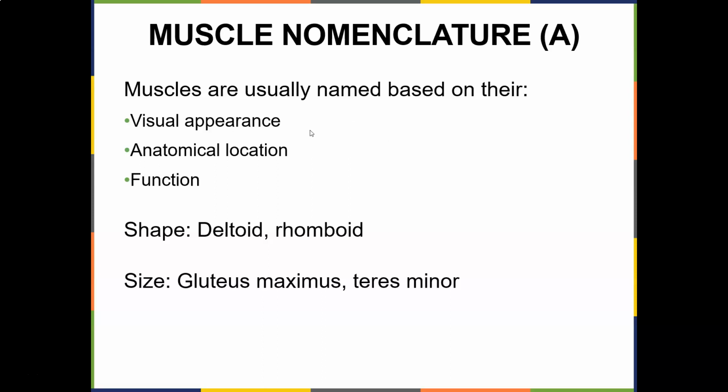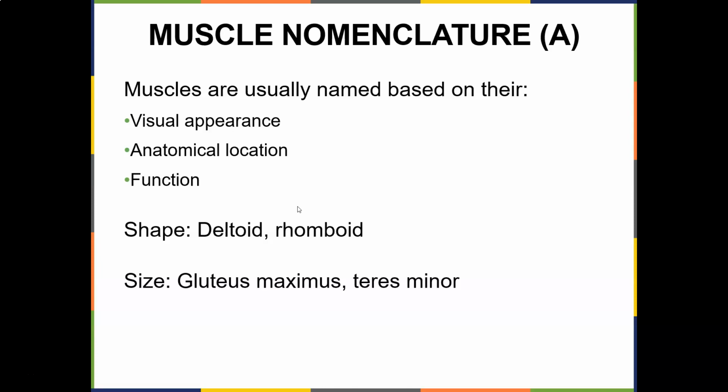So let's see why or how these muscles are named, because again, just like the bones, there's a reason. So muscles are usually named based on their visual appearance, anatomical location, function, the shape. It could be deltoid shape, rhomboid shape, the size, gluteus maximus, teres minor.